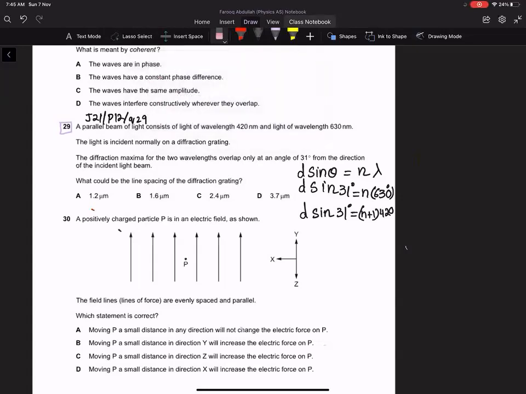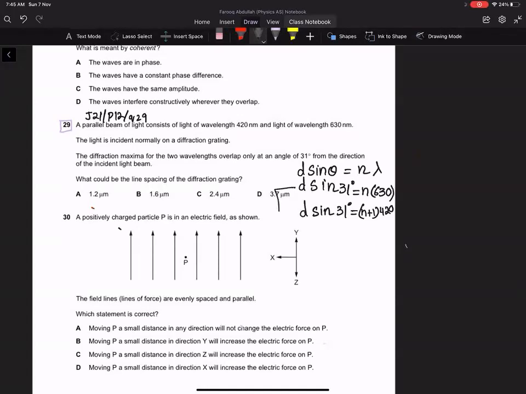No need to convert the nanometer, as later on it would be cancelled out. So now we have two equations whose left hand sides are equal. If the left hand sides are equal, then the right hand sides will be automatically equal. So d sine of 31 is equal to n times 630, and also d sine of 31 is equal to n plus 1 times 420.